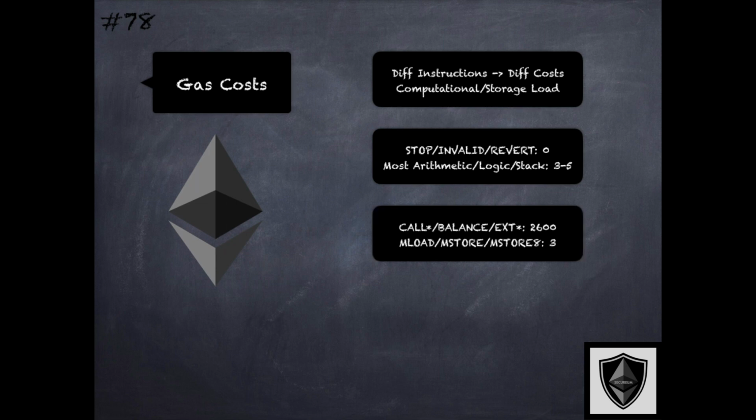Now let's contrast this with some of the more demanding instructions like the call family of instructions or the balance or the extcodehash, extcodecopy, those kinds of instructions. These have a much greater processing requirement from the Ethereum node, and these now cost 2600 gas units.